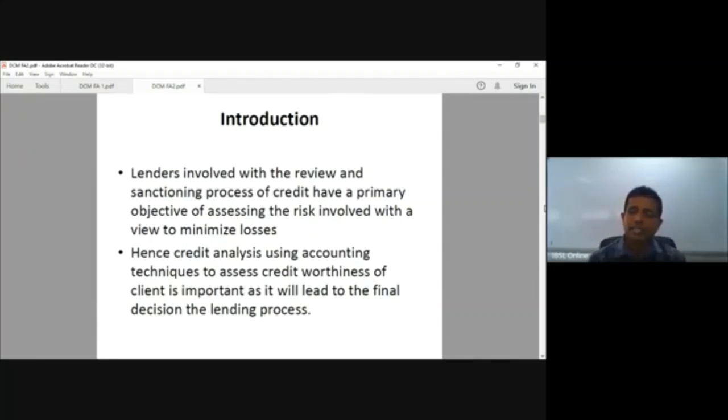Hence, credit analysis, using accounting techniques to assess the creditworthiness of the client, is very important, as it will lead to the final decision in the lending process, right? Whatever the final decision will be, it is taken by and large on this analysis.